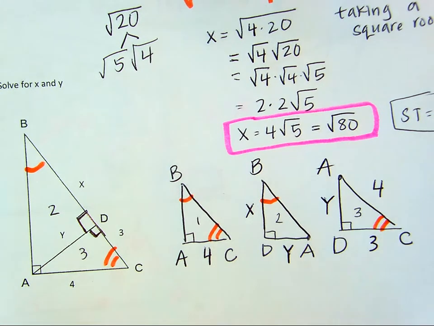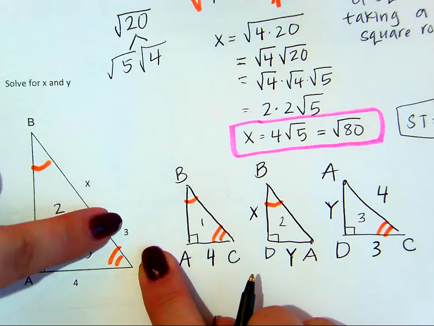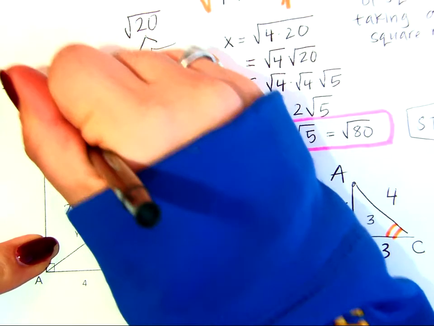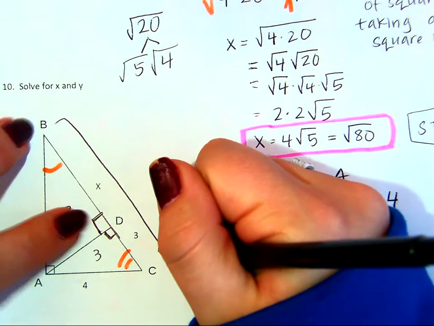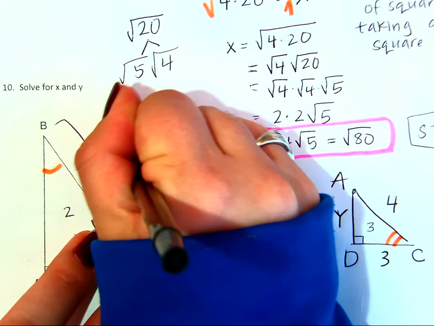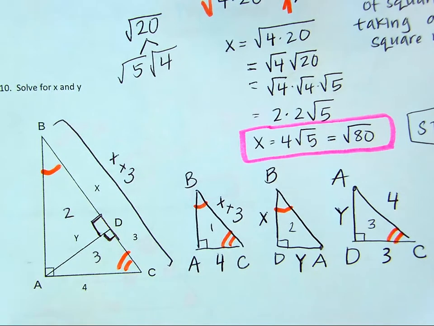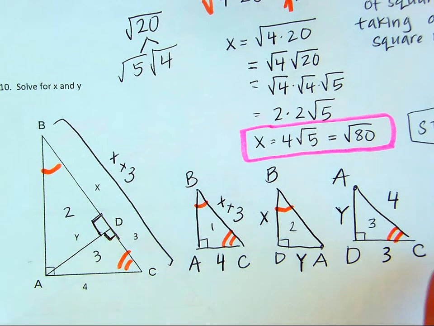And all of BC is these two segments added together. So all of BC is BD plus DC, which is going to be X plus 3. So that's all my pieces here. Now I can set up a proportion.